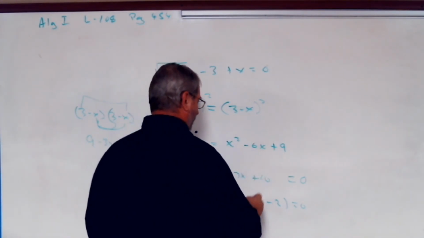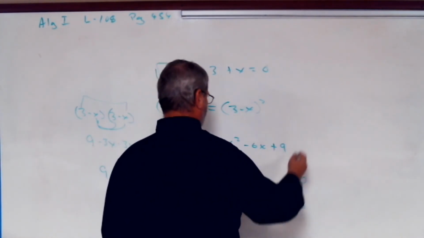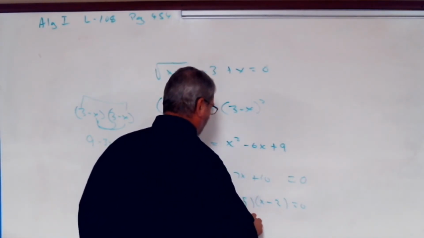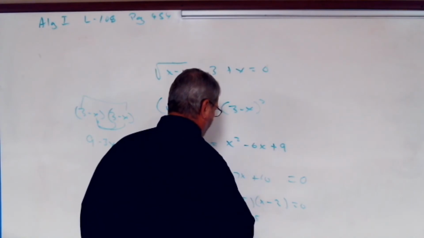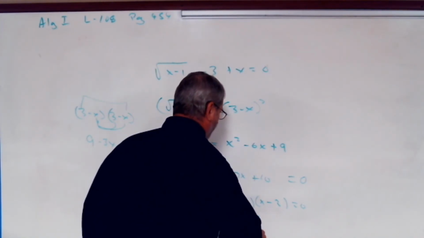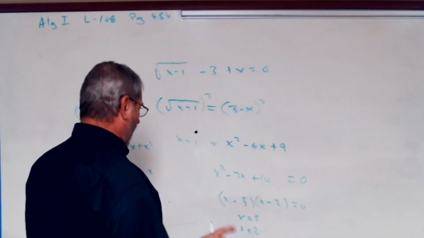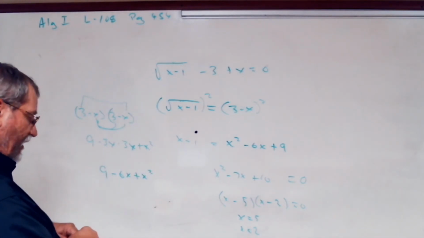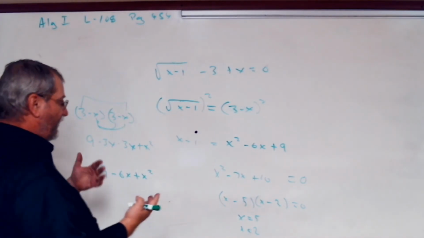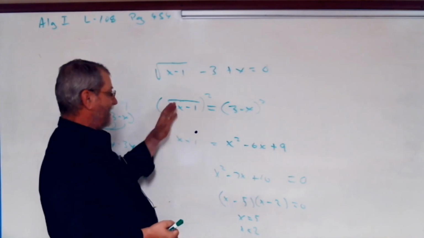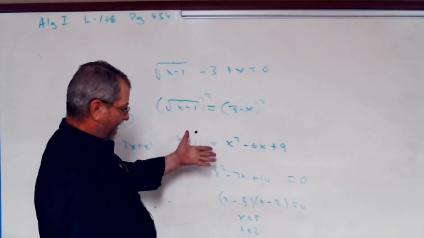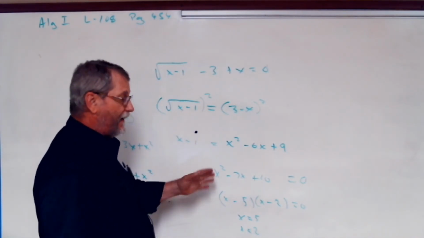Not done yet. X equals 5. X equals 2. It's not hard. Just combining a bunch of stuff we've done before. We're isolating the radical, and then we set everything equal to 0, solve, get the two answers.